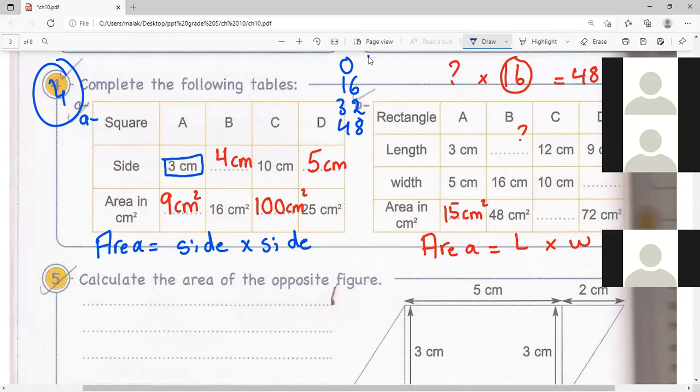Exactly. So count which number gives us 48: 3. Bravo, so the answer is 3. Thank you.